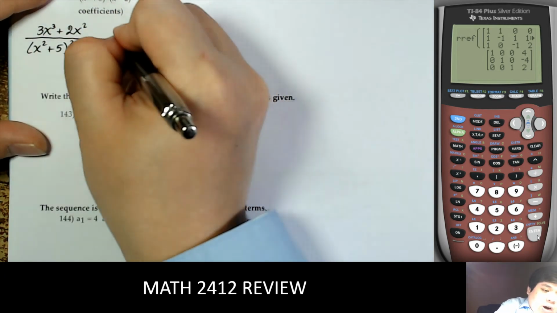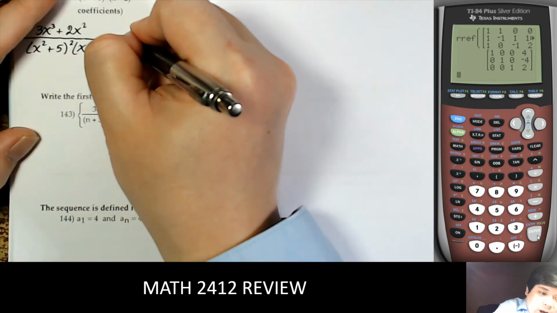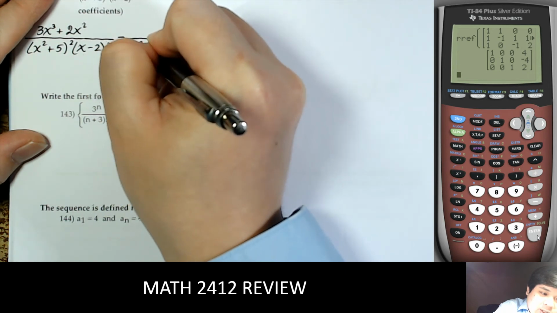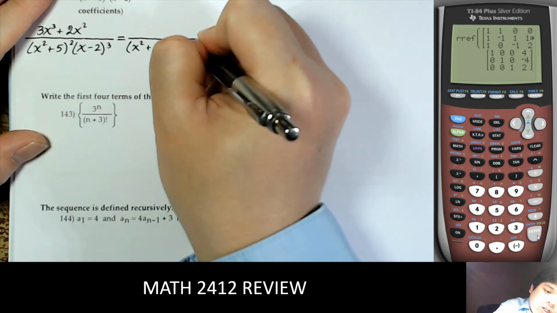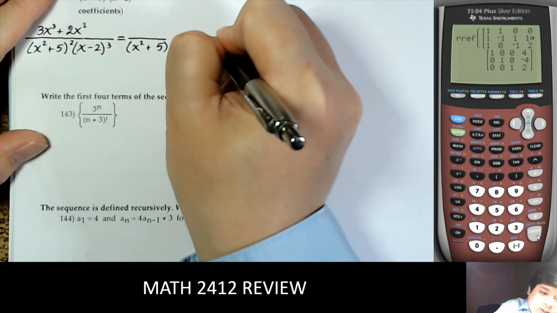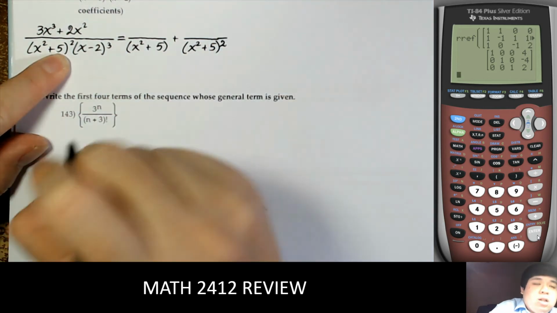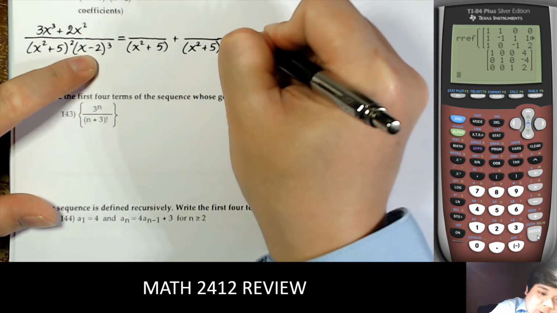First, we're going to have two factors of this because that is the square, so we have one of them with the first power, and then the other one with the second power. That's for the first part. Next we have x minus 2 cubed, so we're going to have 3 of them.